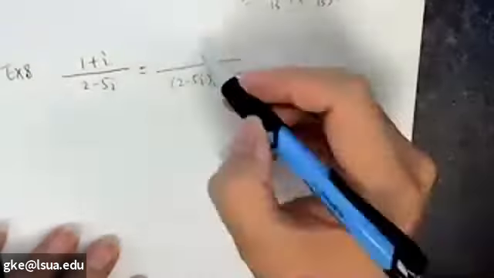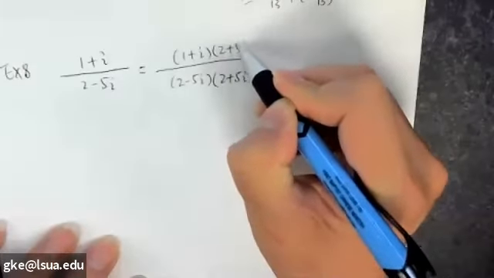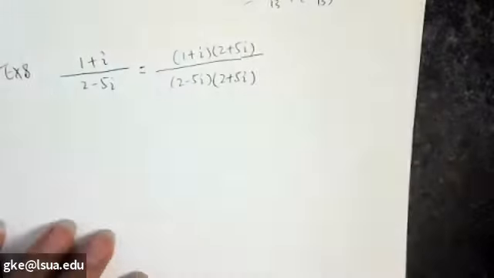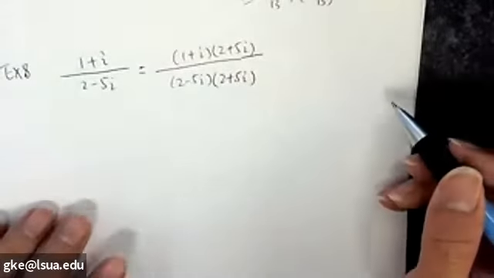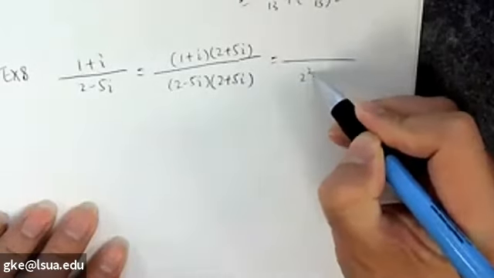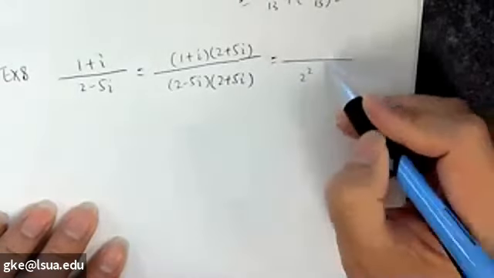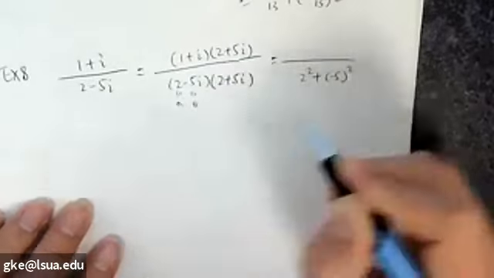And then the numerator times the same thing. So that's the first step. The second step is the denominator, 2 squared plus negative 5 squared, because a is 2, b is negative 5.